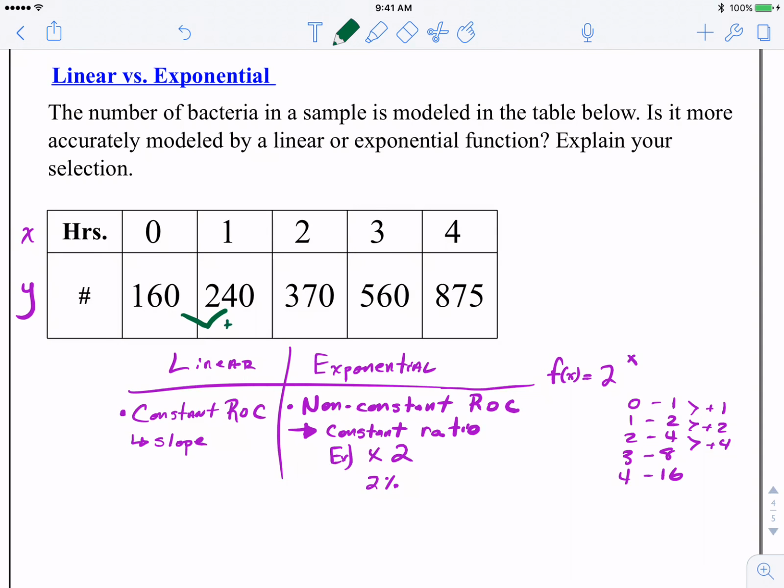It looks like here we go up 80. Here we're going up 130. Here we're going up 190. And here we're going up 315. Okay, so right away, based on what we talked about below, which type of function do you think works best here?